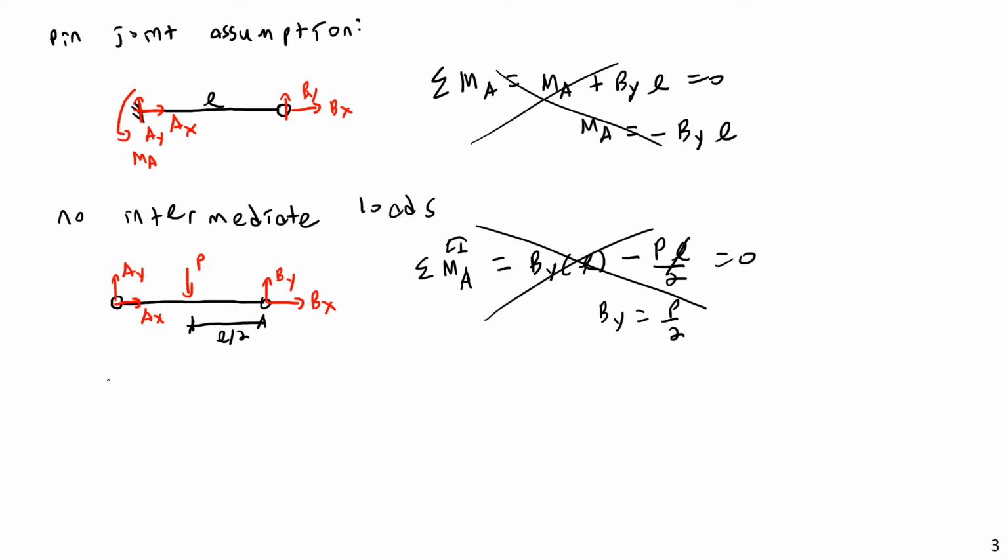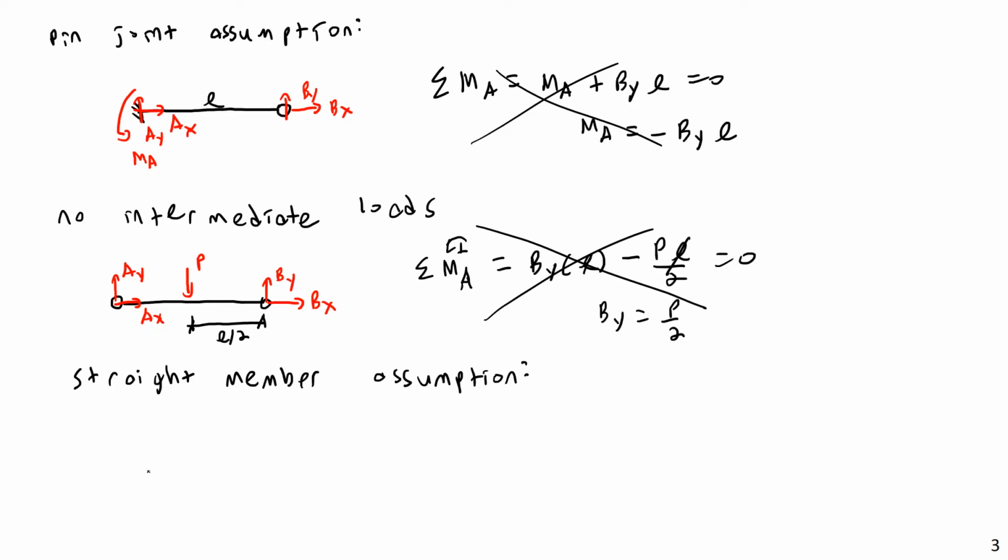Okay, next, let's look at the final assumption, which is straight members. Straight member assumption. So let's say I have a really wonky member. I don't know why you would, and that is the technical term, wonky.